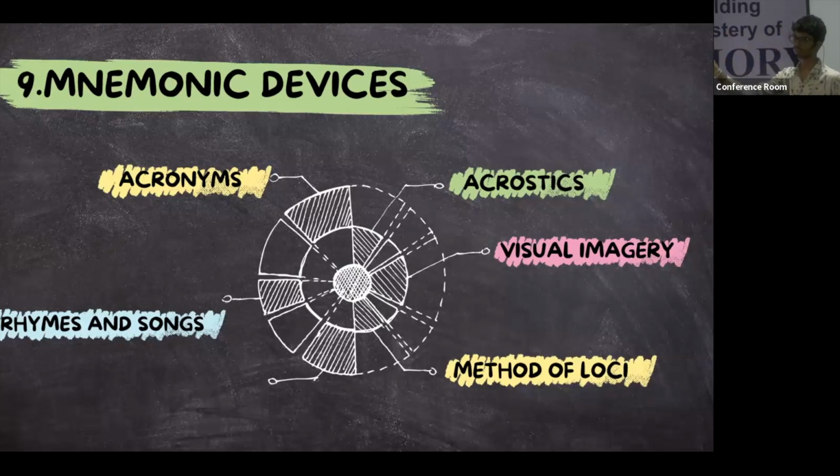I take the keywords from every sentence, and then I connect these keywords through a story, through imagination. That is visual imagery. It helps us memorize things very easily, and we remember them for a very long period of time, not just for the exam.